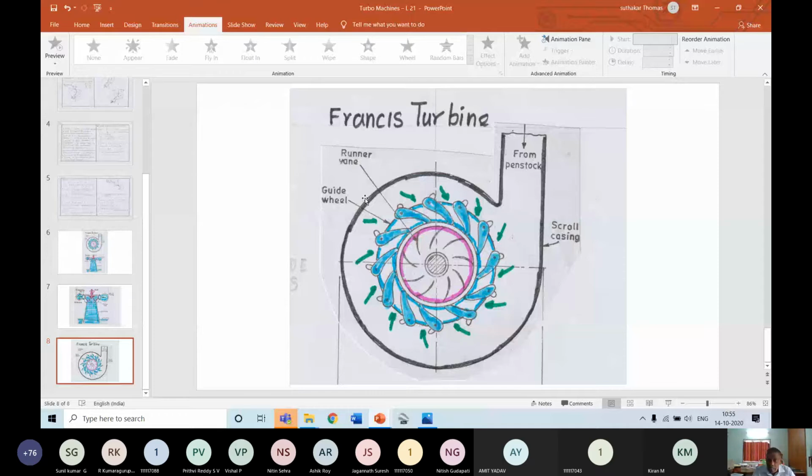Okay, head reduction could be due to the dam water level; sometimes it may be at 100 meters, sometimes it may fall down to 80 meters. Usually the hydroelectric generation will be done only when there is sufficient head for the turbine. Whatever is required, that much head should be available, because dams have three primary functions.